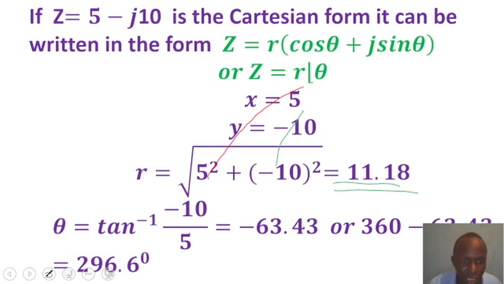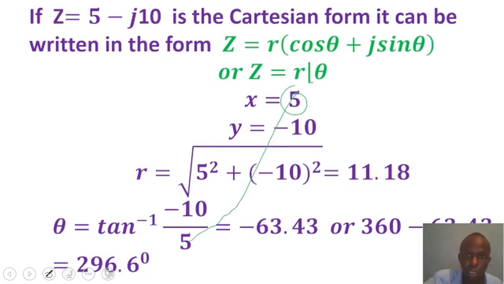Now what is theta? Tan inverse of negative 10 over 5. This is the x substitution, and this is the y. So tan inverse of y over x is equal to negative 63.43.